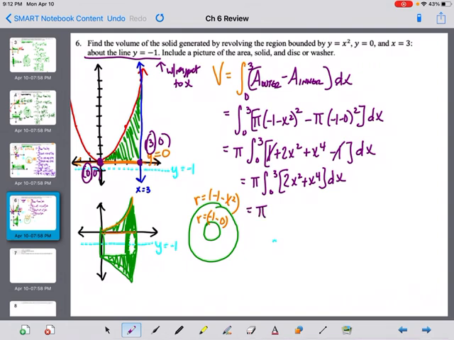And now we are ready to anti-differentiate and then do the evaluation theorem. The antiderivative of 2x squared is going to be 2/3 x cubed. The antiderivative of x to the 4th is going to be 1/5 x to the 5th. And my limits of integration are going to be from 0 to 3.